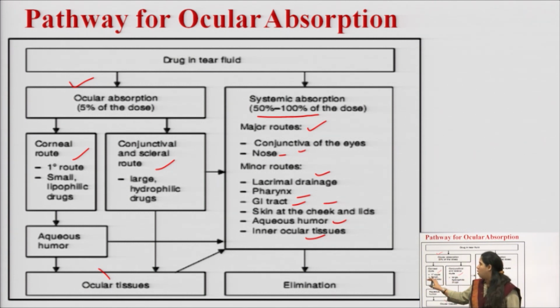Whereas the drug absorbed by either the corneal or scleral route will enter the aqueous chamber and then be deposited in ocular tissues and show its effect, and then go into the systemic circulation again and be eliminated from the system.